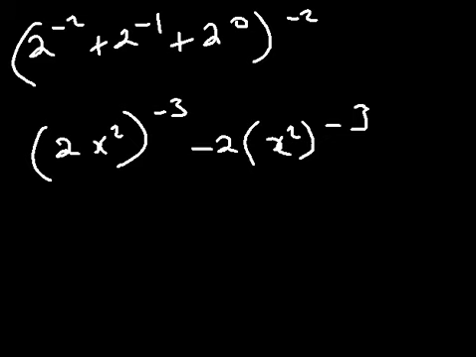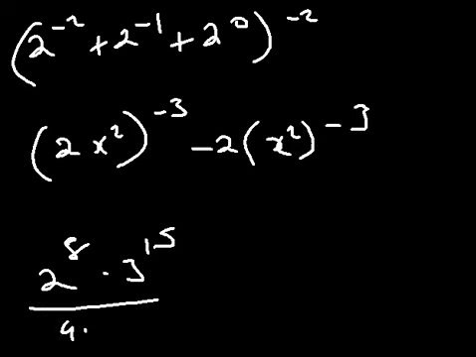Appreciate the way we can understand that. And try to have this as well. Let's say if we have 2 to the power 8 times 3 to the power 15 divided by 9 times 3 to the power 10 times 12.